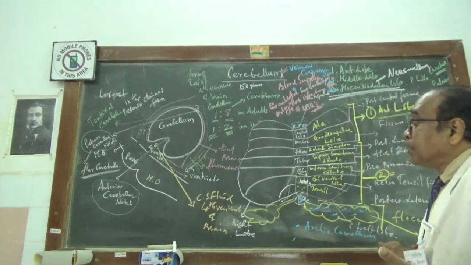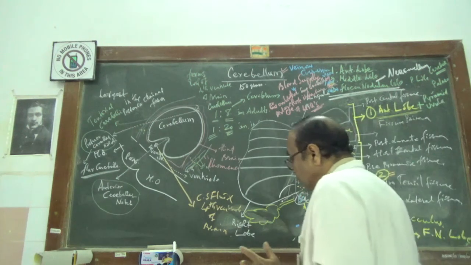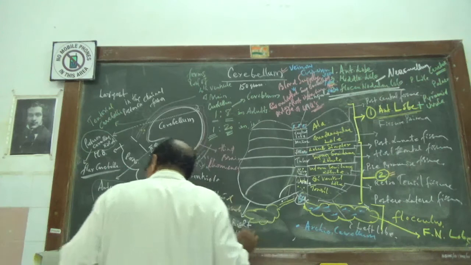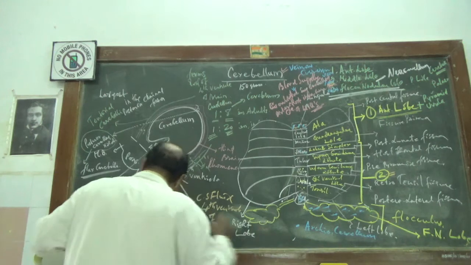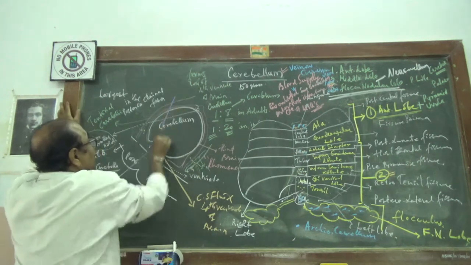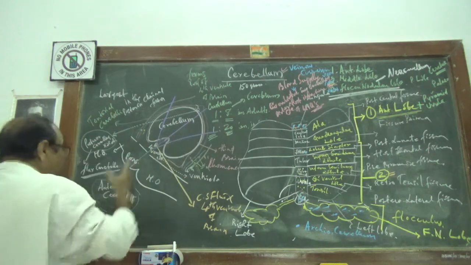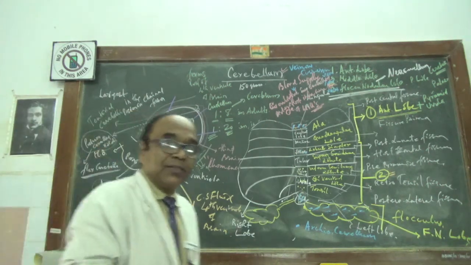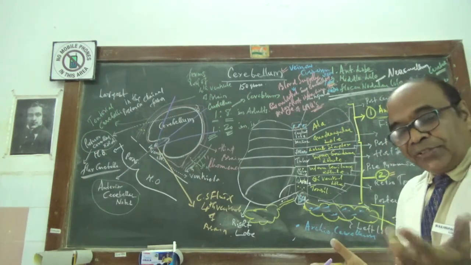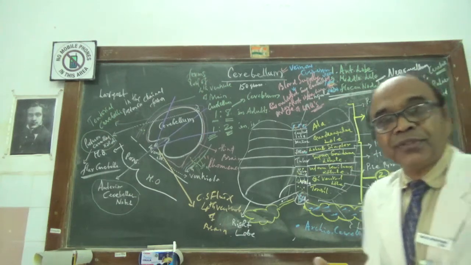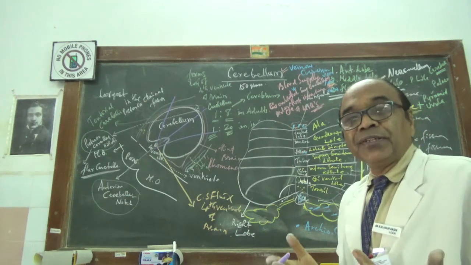Okay. Then coming to the two things you have to deal with. One is the cut section, which means in order to know the internal structure, you have to take a cut here and see internally what it has. This is one part that is left. The second part that has been left is the connections of the cerebellum.